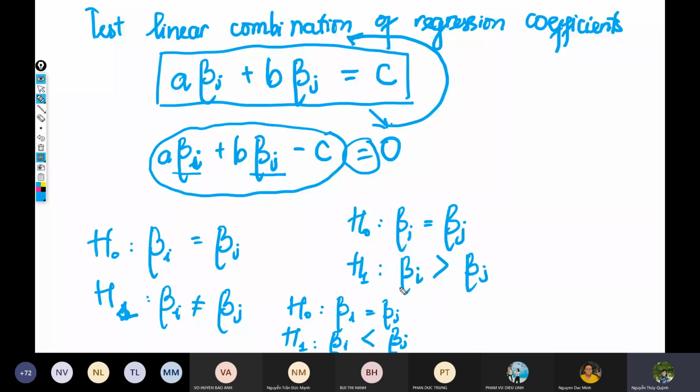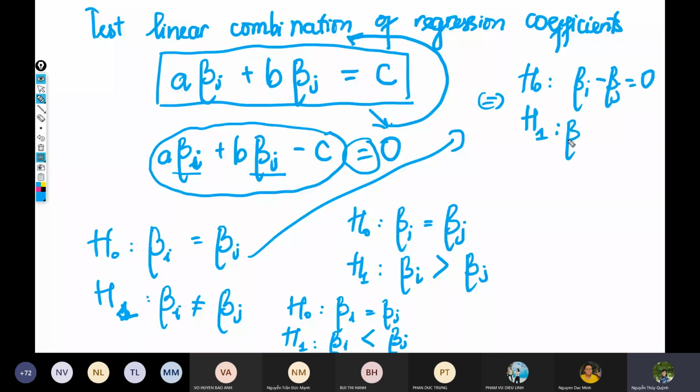So here this hypothesis is equivalent to what? This hypothesis is equivalent to H0: beta i minus beta j is equal to 0, and H1 is that beta i minus beta j is different from 0.